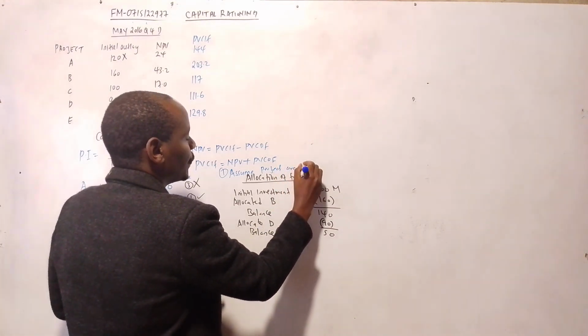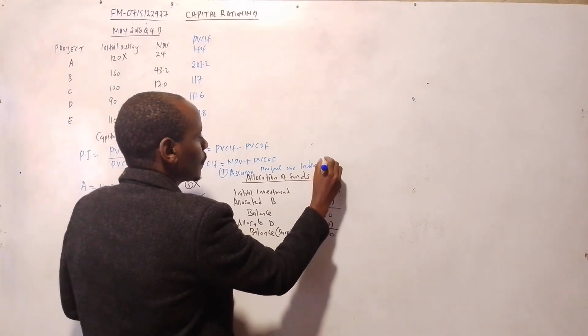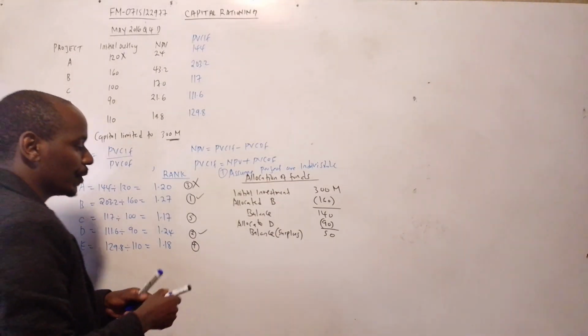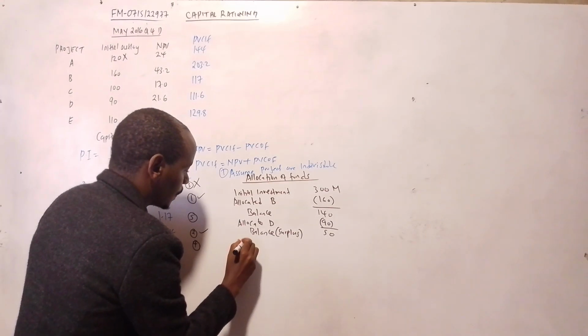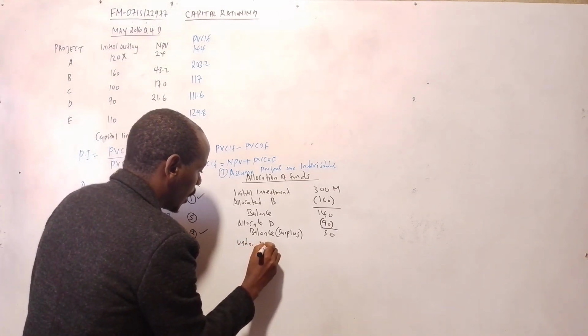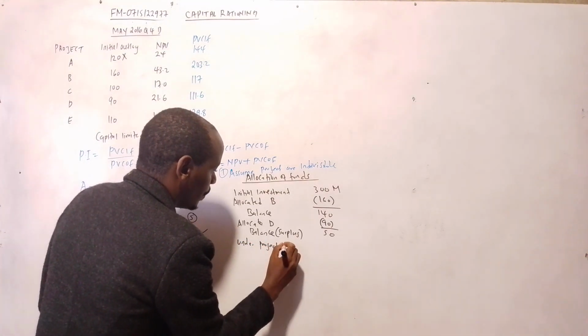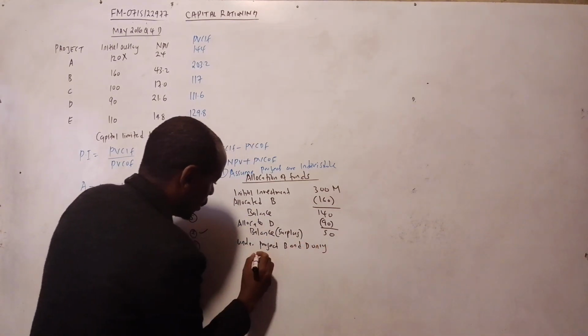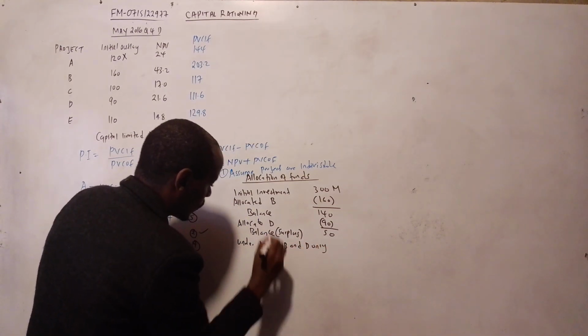If we assume the projects are indivisible, then this will be the answer: undertake project B and D only, fully.